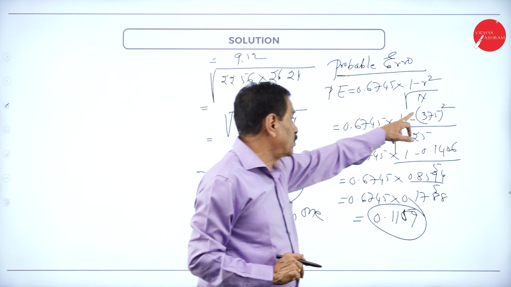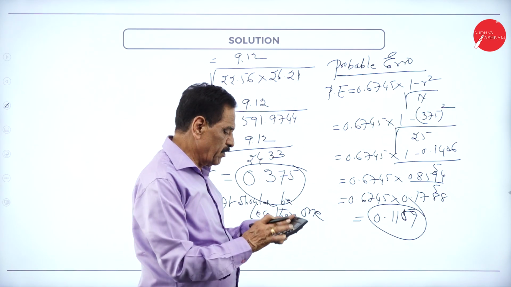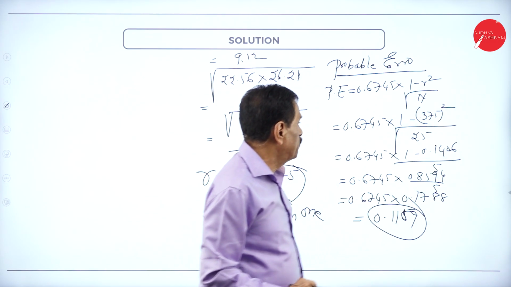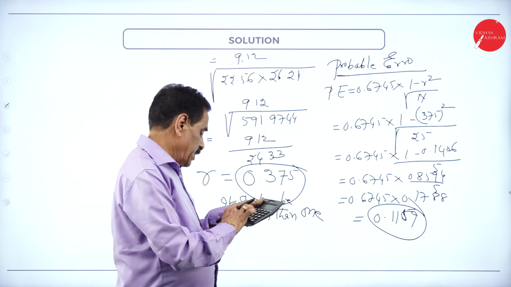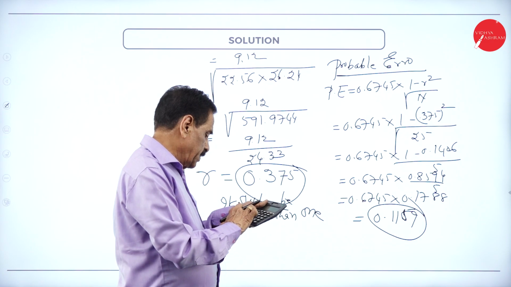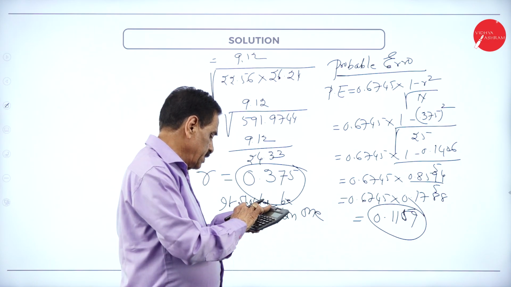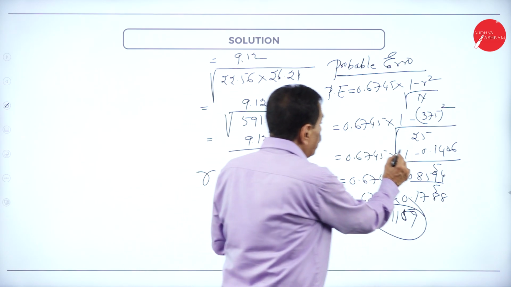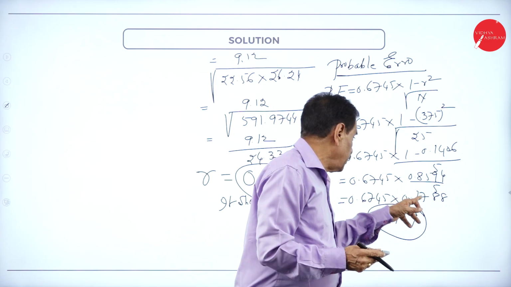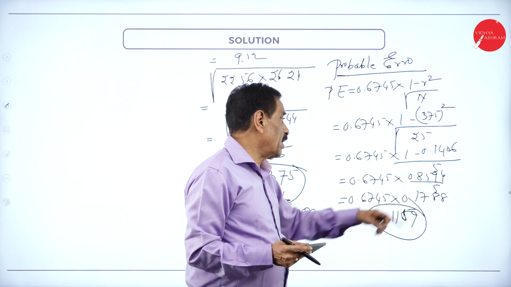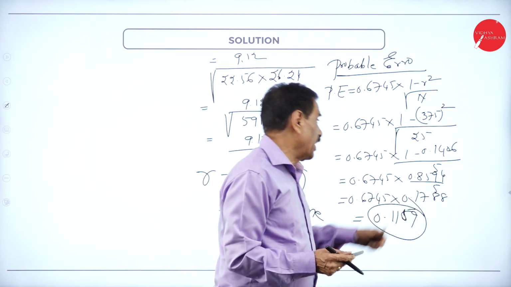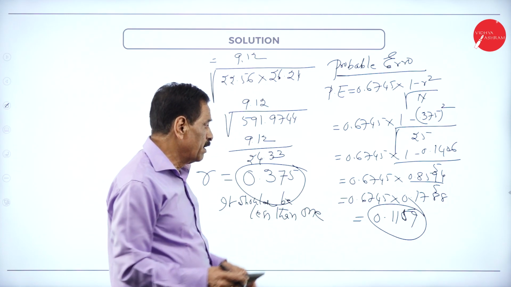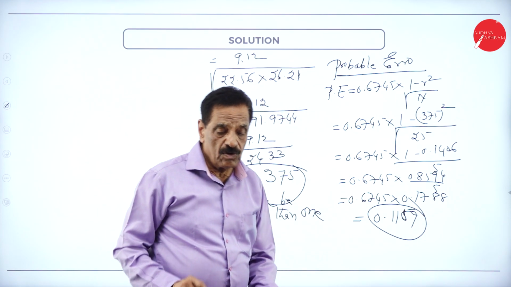That is root of 25. 0.375 into 0.375 is 0.140625 divided by 5. 1 minus that means 0.8594 divided by 5. So 0.1788 into 0.6745 is 0.119. So this is the way you have to do it.